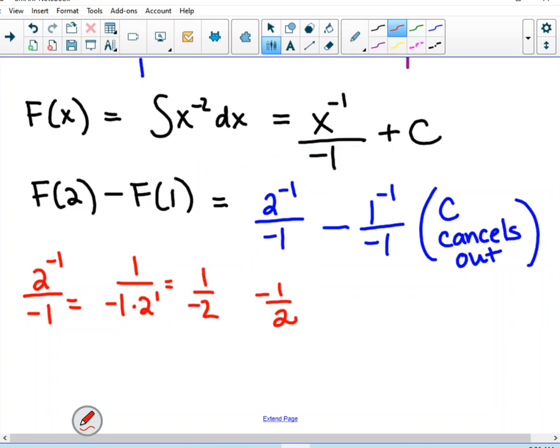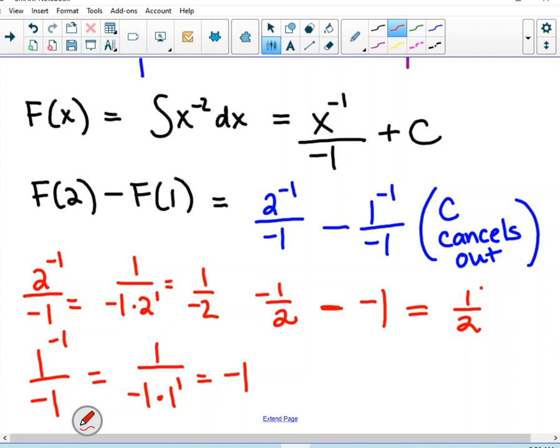So 1 over negative 2, minus negative 1. 1 to the negative 1 over negative 1 is 1 over negative 1 times 1 to the first power. And if you keep all the negatives straight, the final answer in this case is 1/2.